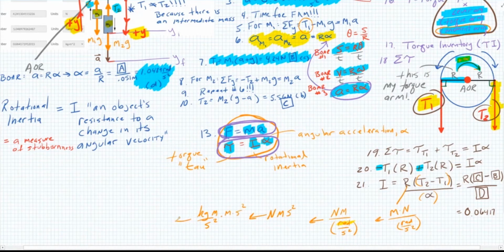So ta-da, there's a reason I'm spending a large amount of time on dimensional analysis. I end up with kilograms times meters squared. In the good old days when we were dealing with inertia, it was just kilograms, but it's not just kilograms anymore. It's kilograms times meters squared. And it's good to know that.